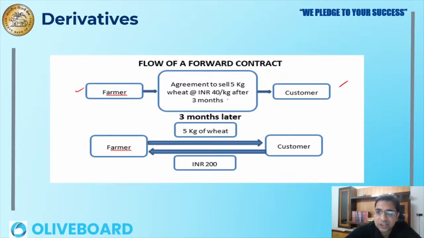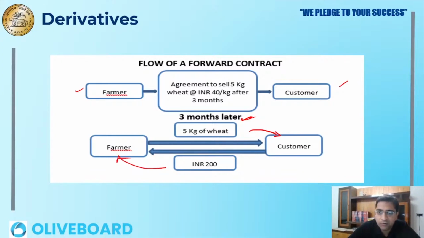Three months later, the farmer will give 5 kg of wheat to the customer, and the customer will give rupees 200 to the farmer. So this forward contract is fulfilled.